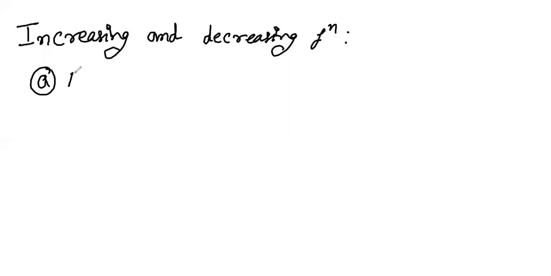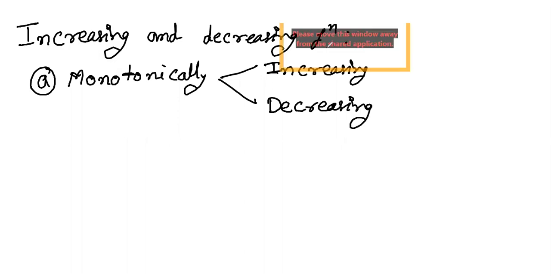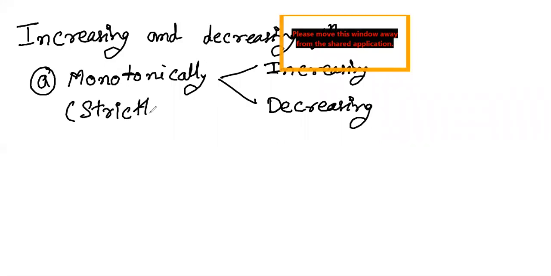One is monotonically increasing or decreasing. This is also called strictly increasing or strictly decreasing.